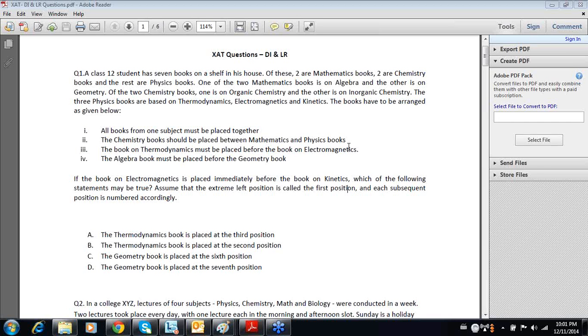So let's check on the logistics first. Am I audible to everybody? Okay, great. And has everybody received the question sheet that I have sent? Because today my pasting the question sheet in the chat window will not work, because in DI and LR you need the questions in front of you in order to solve those questions.